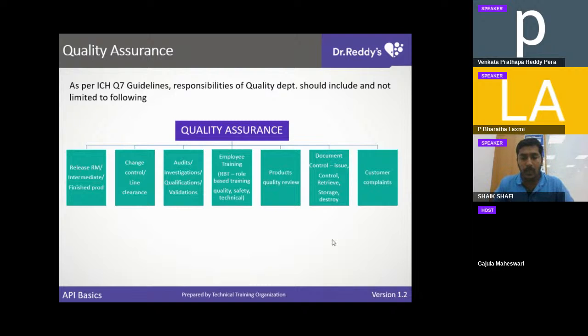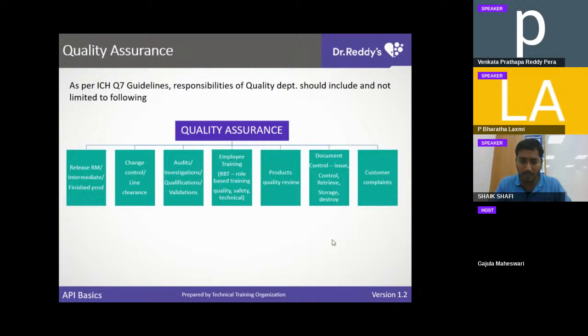Again, employee training. Quality assurance is responsible for employee training. If any new employee comes to an API plant, we do induction. The purpose of induction is to introduce the new employee to different departments. When he is working in the API plant, he needs to know which department is responsible for what.